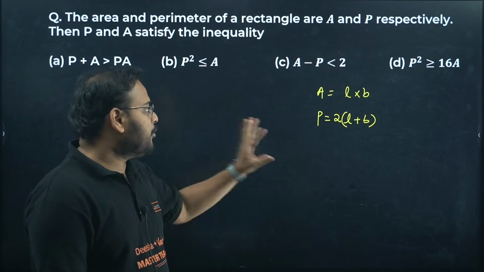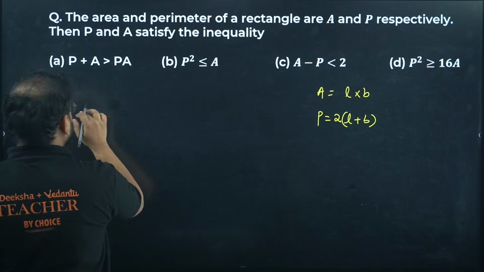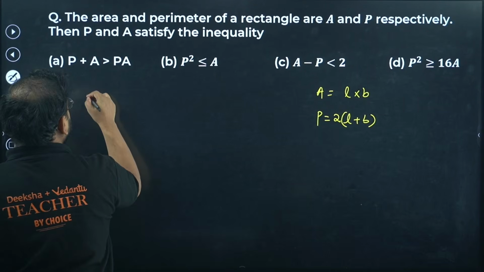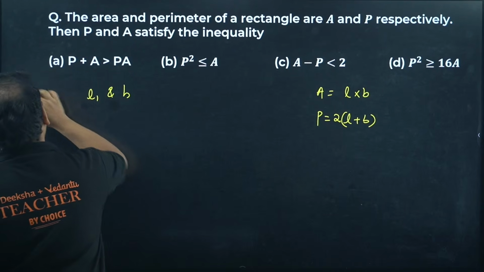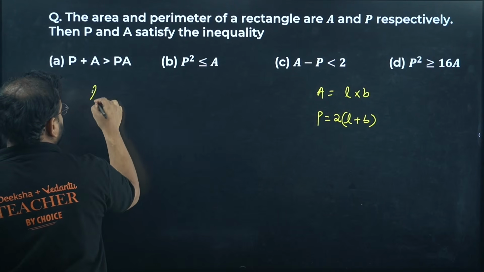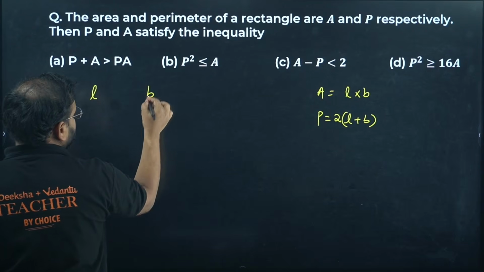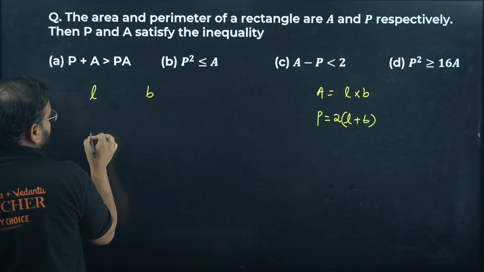We know one thing. If we have two numbers L and B, length and breadth, then if you are writing here the arithmetic mean, we know the relation, right?